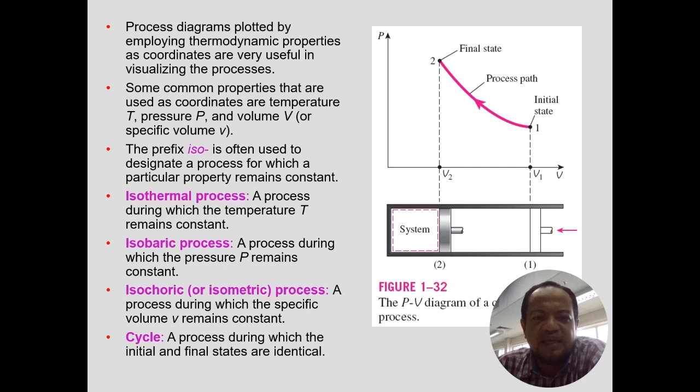Some common properties used as coordinates are temperature, pressure, and volume or specific volume. From this diagram, the piston-cylinder device compresses from the initial state 1 to the final state 2, from this volume to the second volume here. So this is the physical system, and we can plot it through this diagram.